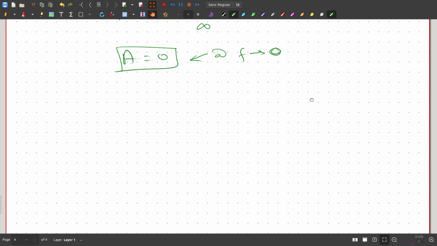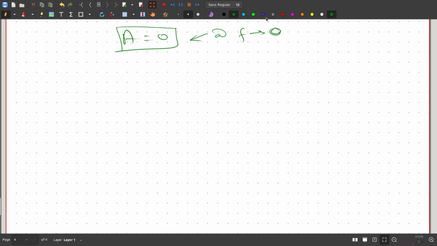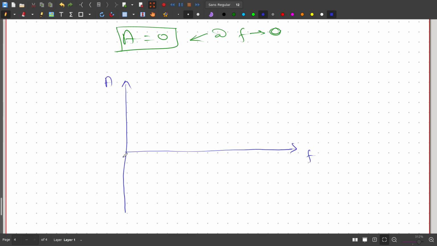So if we draw a frequency response diagram, we have frequency here, gain here, and you have to remember this value is 1. Okay, not 0. We have 0 somewhere here.